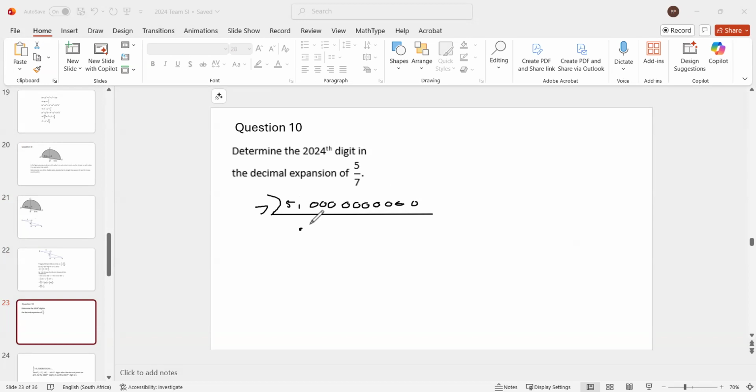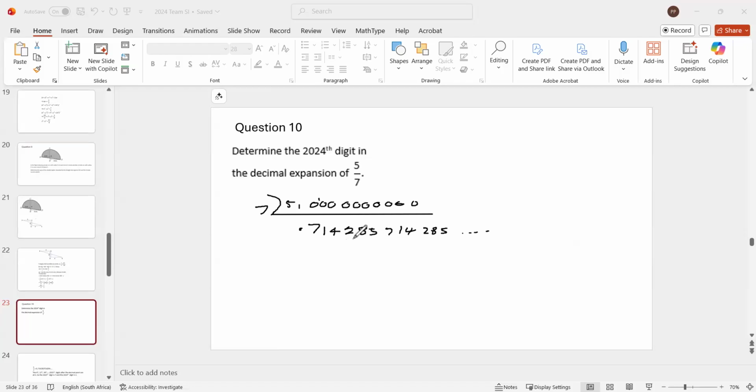7 goes into 50, 7 times. Remainder 1. 7 goes into 10, 1 time. Actually, you have 714285, and then you have the same thing, 714285. It goes on like this. It's repeated.